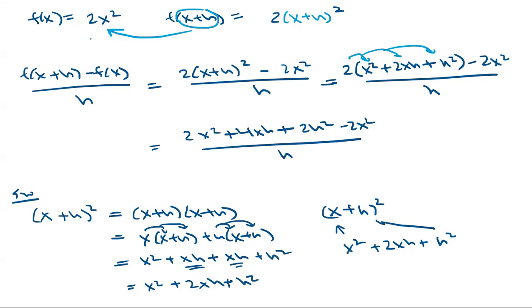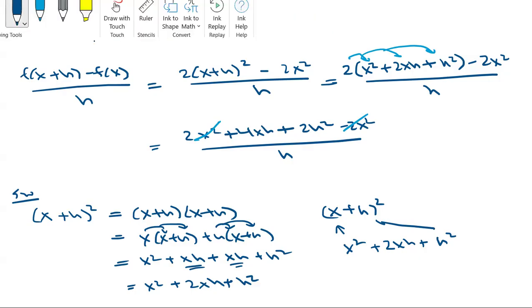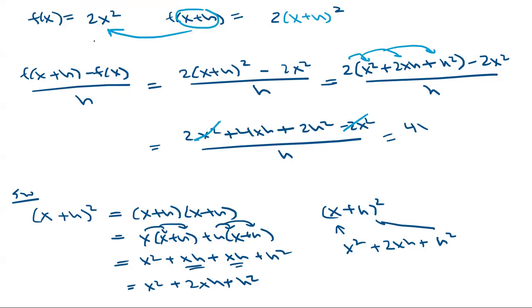And as I mentioned, if we did this correctly, then a lot of the terms will cancel out. So the 2x squared are going to cancel. And then we have 4xh plus 2h squared divided by h.